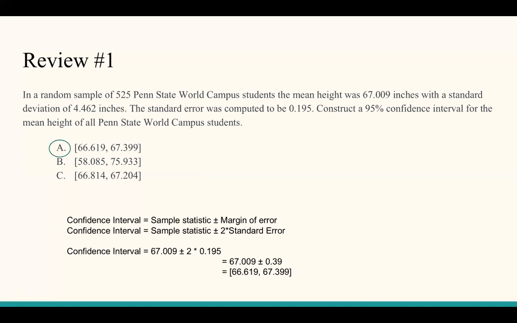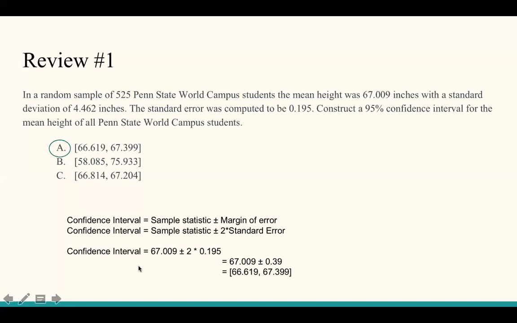How I wrote this formula out is I calculated the margin of error first. So I multiplied 2 times 0.195 and got 0.39. Then I just added and subtracted that to 67.009. And the answer comes out to 66.619 and 67.399. Sorry about those decimals, but all right.